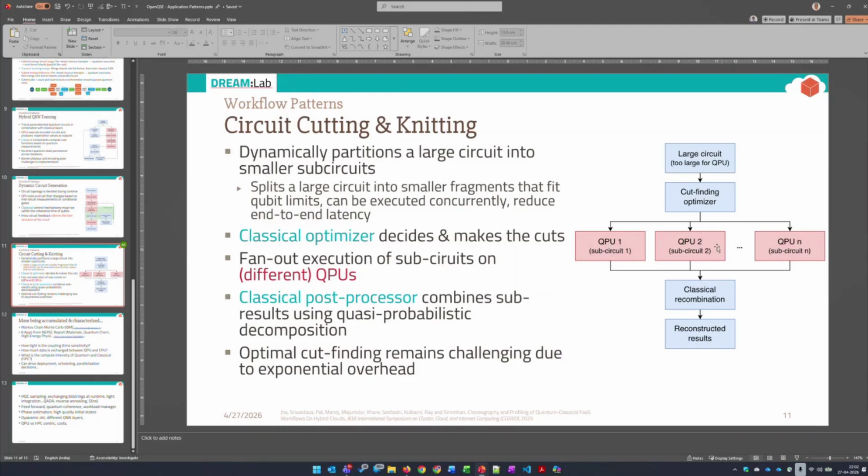In this particular case, these are independent sub-circuits that can run in parallel without any dependency, and the outputs of all these circuits are then combined together to get the final answer. If you think of it from a DAG or workflow perspective, loosely, you're splitting the DAG into different components, running those components independently, and then merging the results back together to get a final answer.